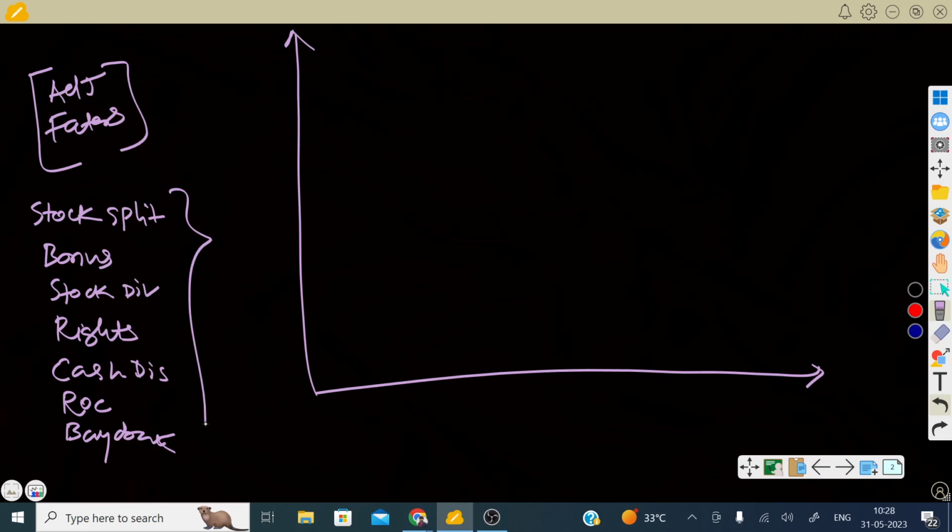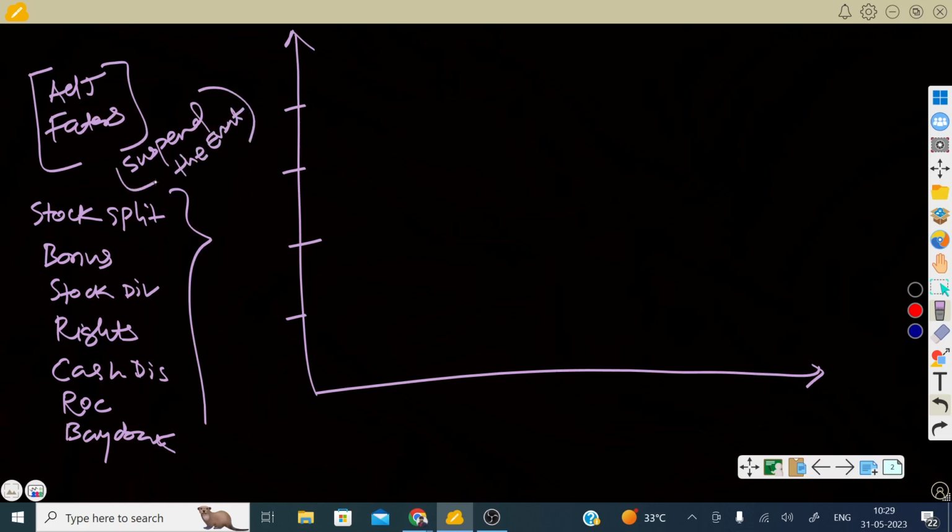How will that adjust? I'll give you an example. Let's say ahead of any event like a stock split, bonus, or rights, the stock exchange suspends the options trading for that particular stock. That's the first case.